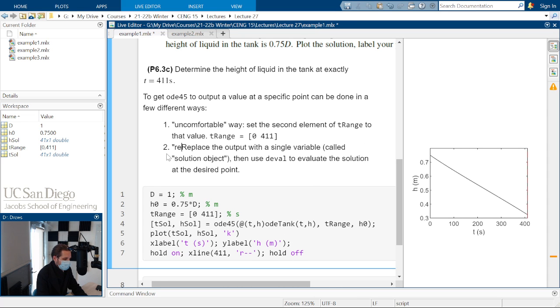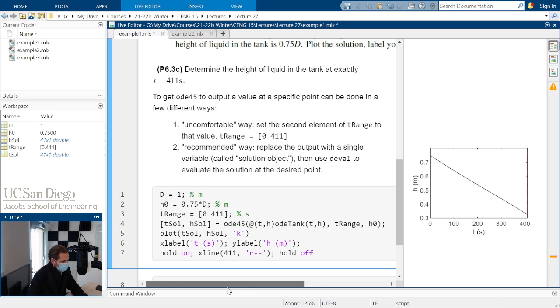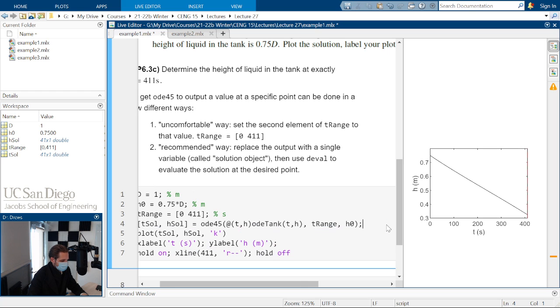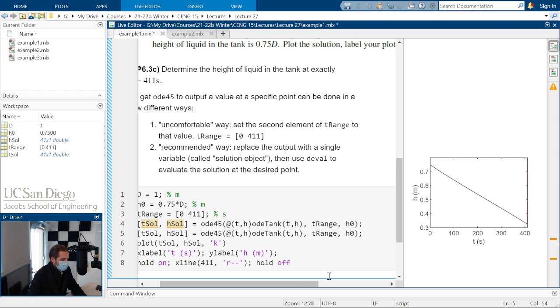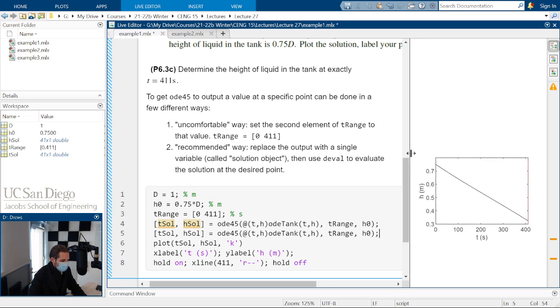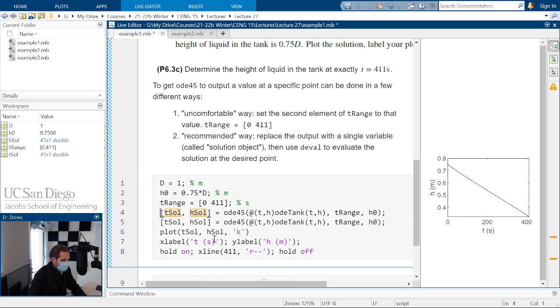So let's put this as the recommended way. I only say recommended because it sits better with me. There's nothing wrong with changing the t range. It's just kind of inelegant. So if we imagine taking this and copy pasting it, that is our full command to ODE45.